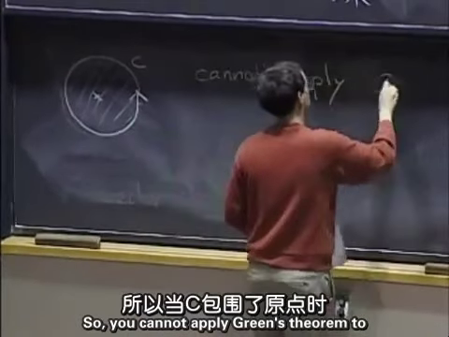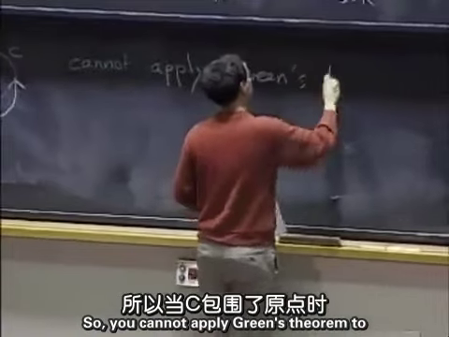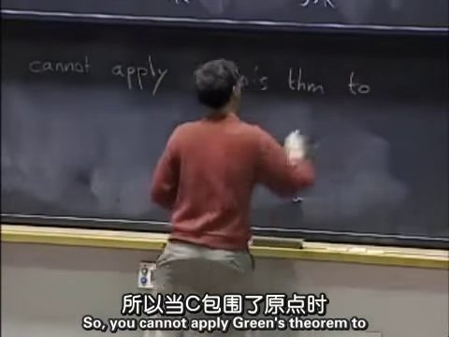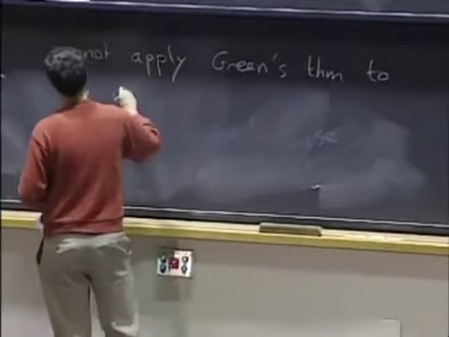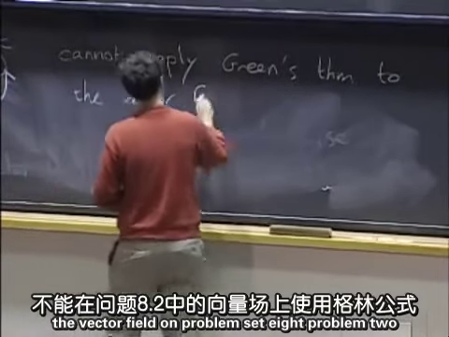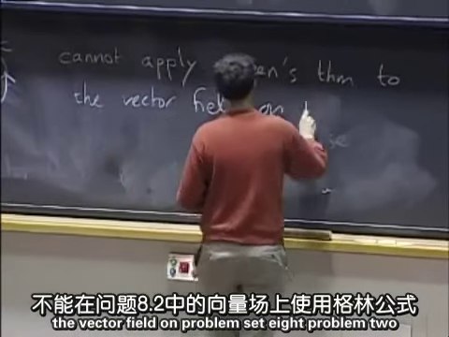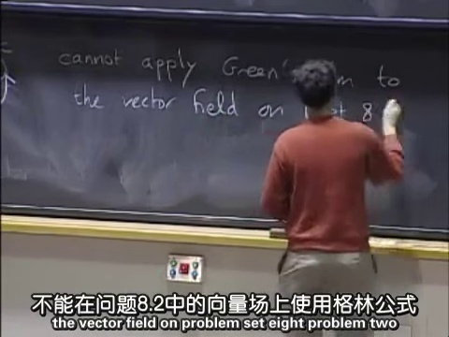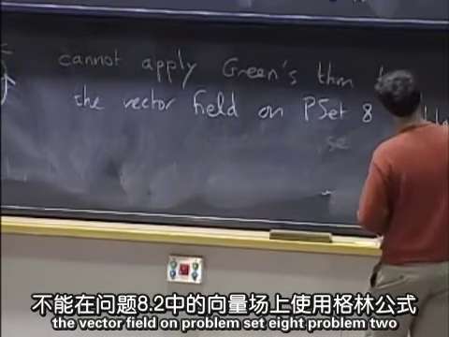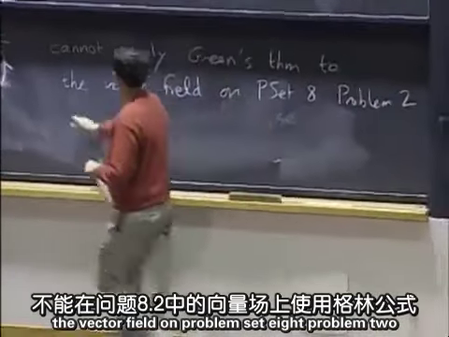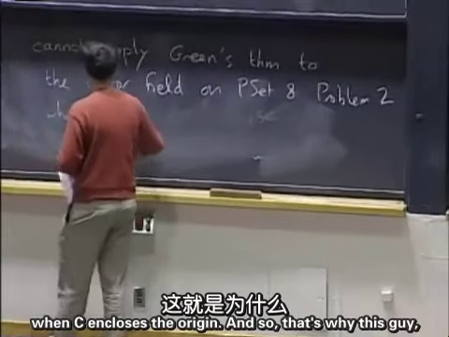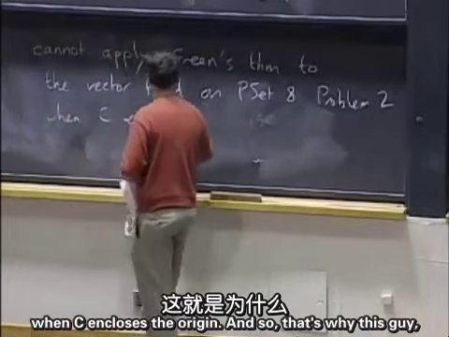So you cannot apply Green's theorem to the vector field on problem set 8, problem 2, when C encloses the origin.